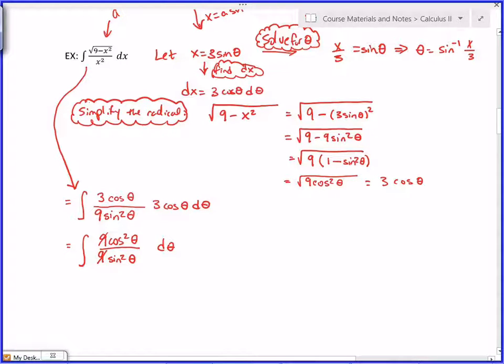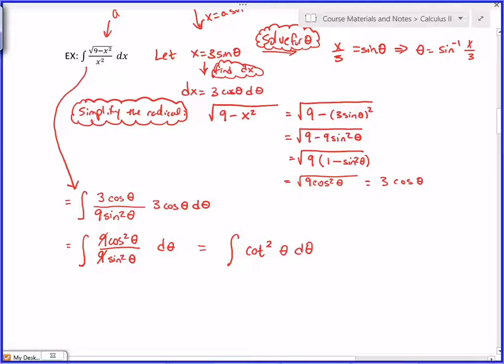Now what? What trig function is that? Cotangent. So this becomes the integral of cotangent squared theta d theta.